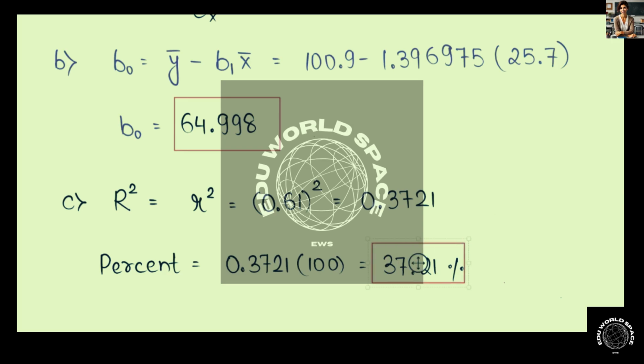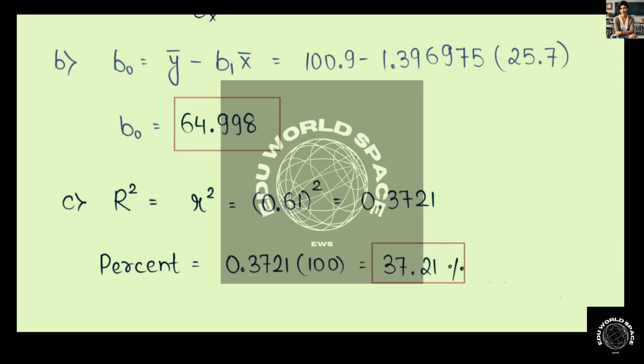Therefore, the required percent of variation of the number of strikeouts that is explained by age using linear regression will be 0.3721 multiplied with 100, and this value will be 37.21%. So let us put the answer inside the box, and then we will proceed towards the fourth part of this very problem.